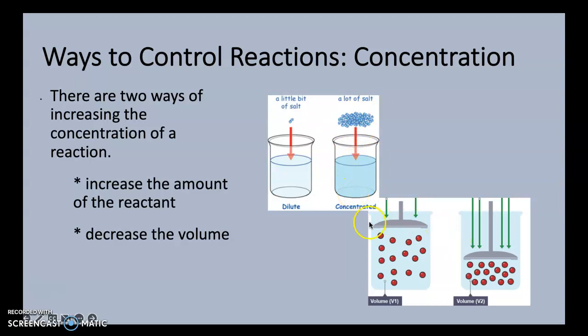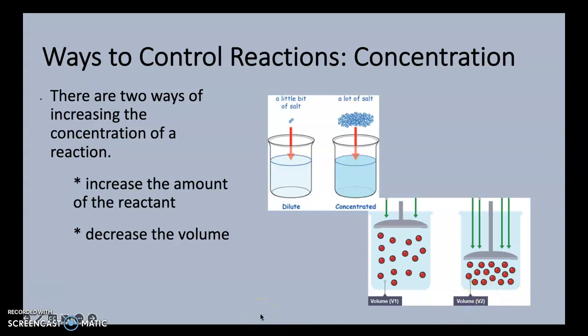The other way of changing your concentration is by decreasing the volume. So if I have a big beaker and I have my salt, or say I have gas in it, then the molecules can spread out. If I decrease the size of that beaker, suddenly they're more squished together, so they're going to be more concentrated.